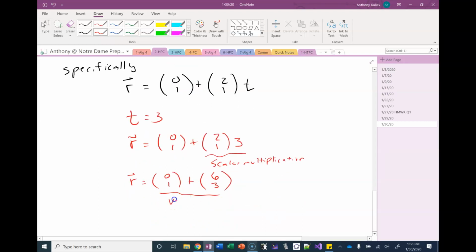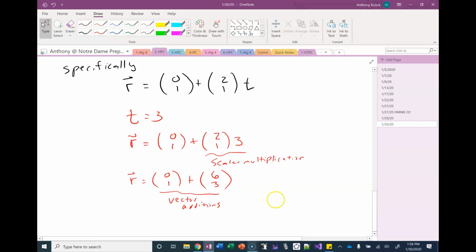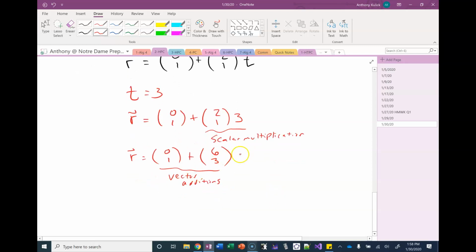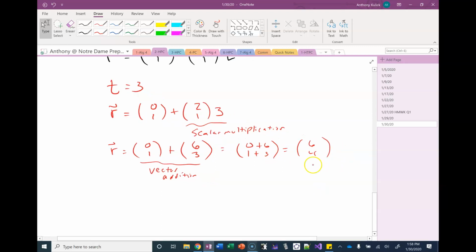And then this is vector addition, right? We're adding two vectors. How do we add two vectors? We add the components. So what this tells me is 6, 4 is a point on that line.